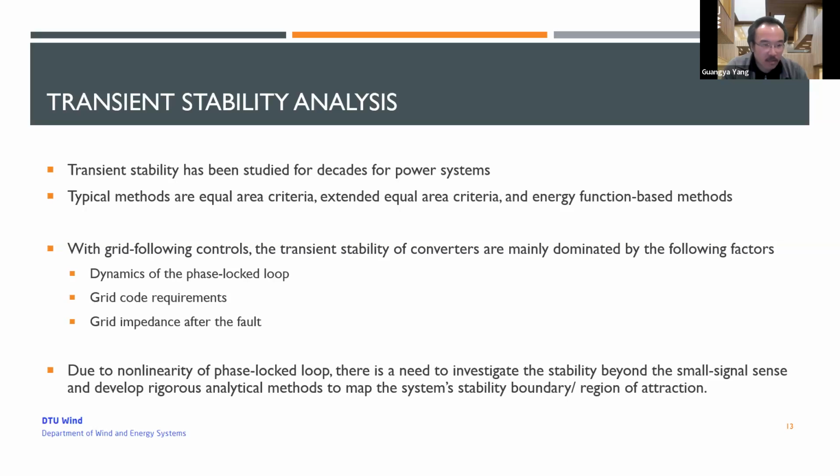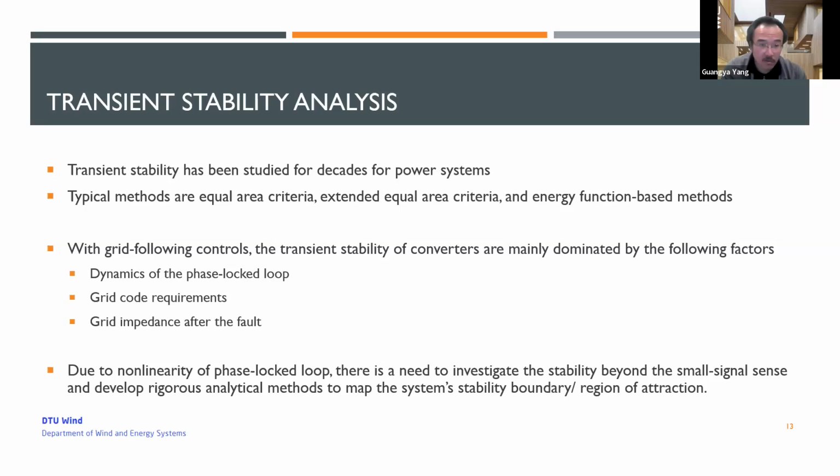And another contributing factor, which may not be talked about so much, is the grid code requirements. We see in our studies that different grid code requirements actually have an impact on the transient stability of the converter, because during the fault the controls switch for fault ride-through, as there is a grid code requirement of fault ride-through, and also after the fault there is a grid code requirement on ramping up the active power, for example.